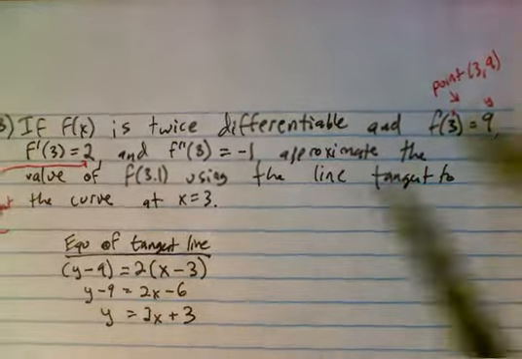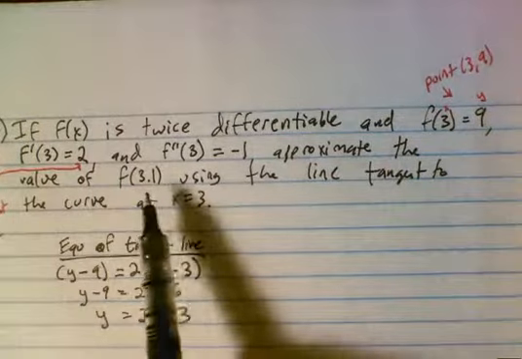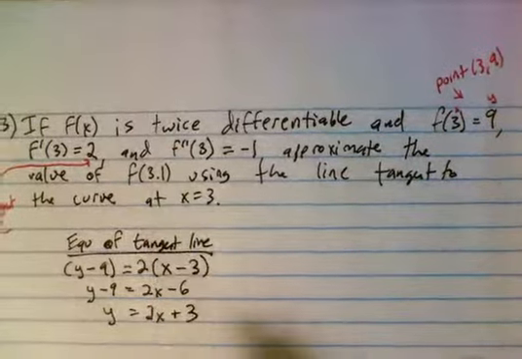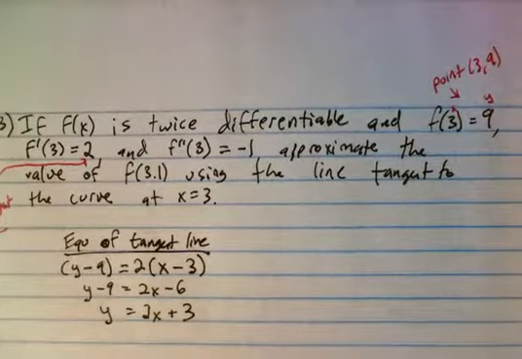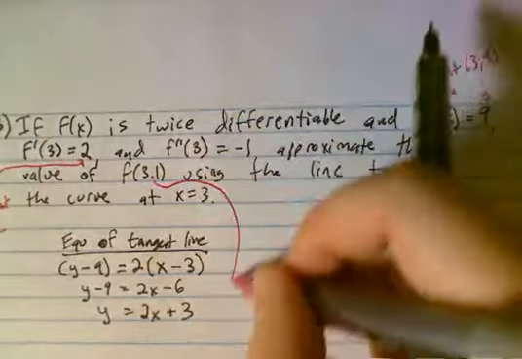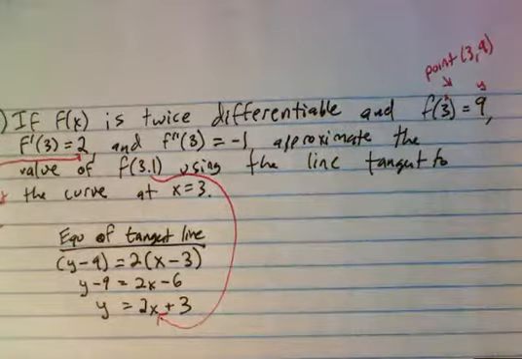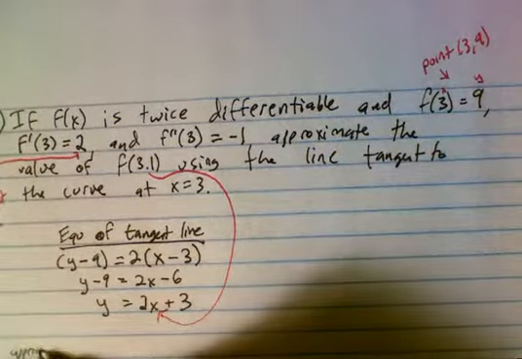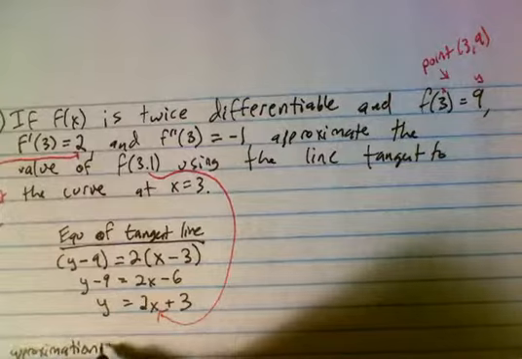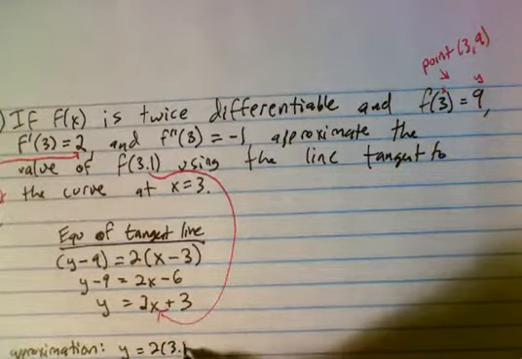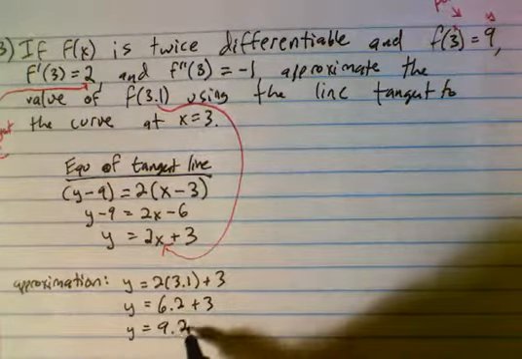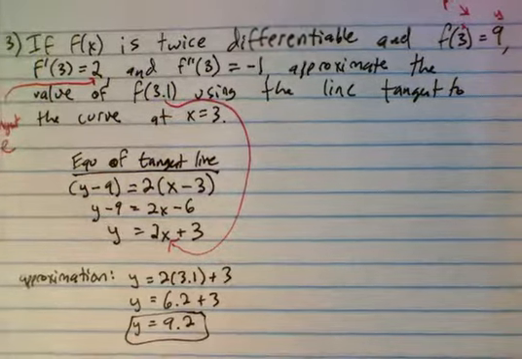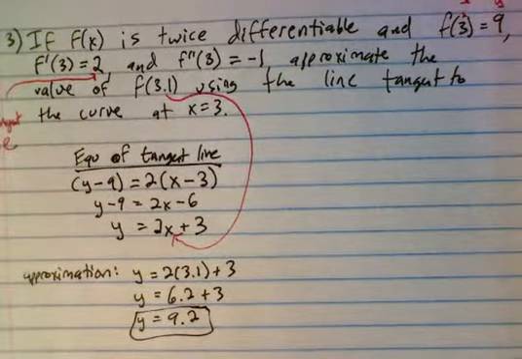It's asking us to approximate the value of f of 3.1. So we don't have the equation for f, but we do now have the equation for the tangent line. And what we can do is we can just plug 3.1 into here to get our approximation. And that's sort of our best guess for what f of 3.1 would be.